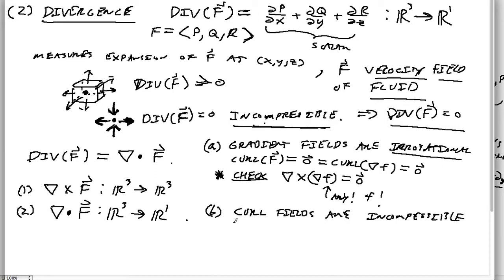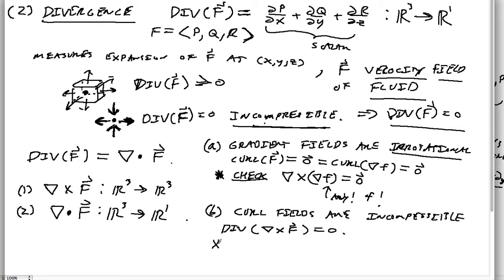That means that the divergence of any vector field that can be written as a curl, the divergence of my curl, is always going to be zero.